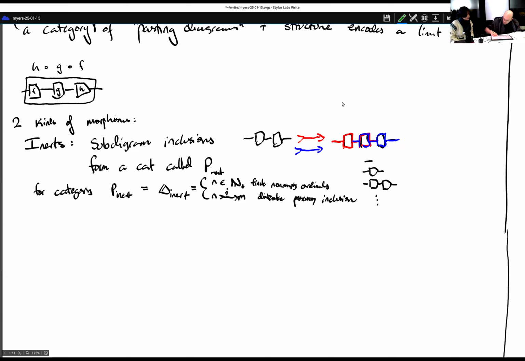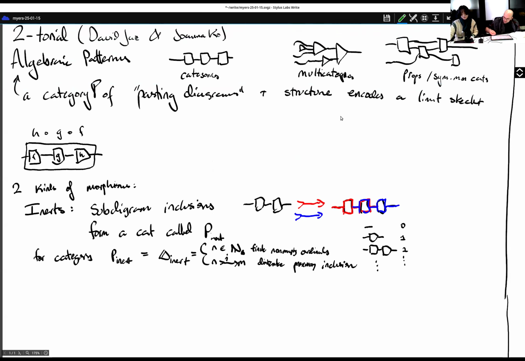It's indexed by this is known as 0, this is known as 1, this is known as 2, and so on, and that's the indexing. We write them with brackets like this. And then the maps are these distance-preserving inclusions. They are subsequences of these sequences. It gets harder and harder to define these the more complicated it is, but no matter what it is, it's always subdiagram inclusions.